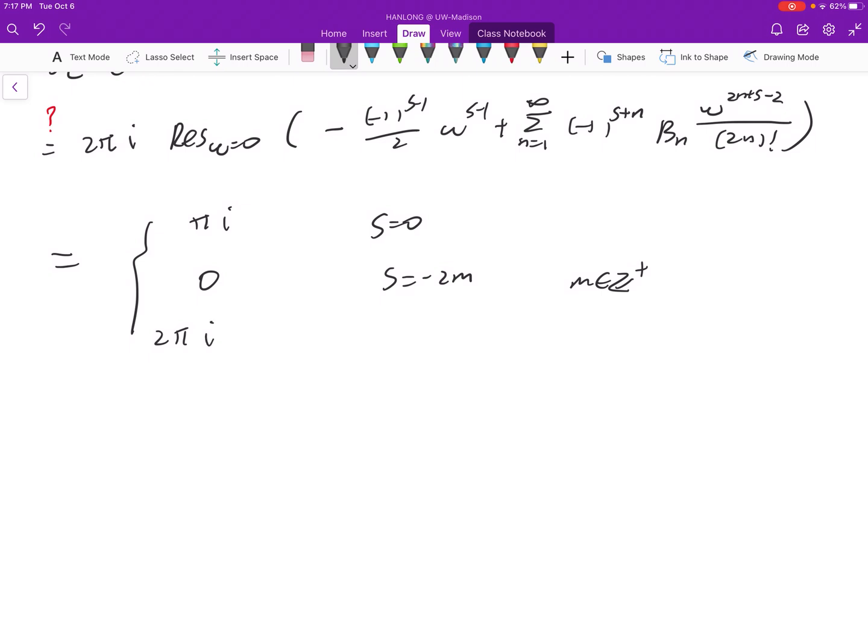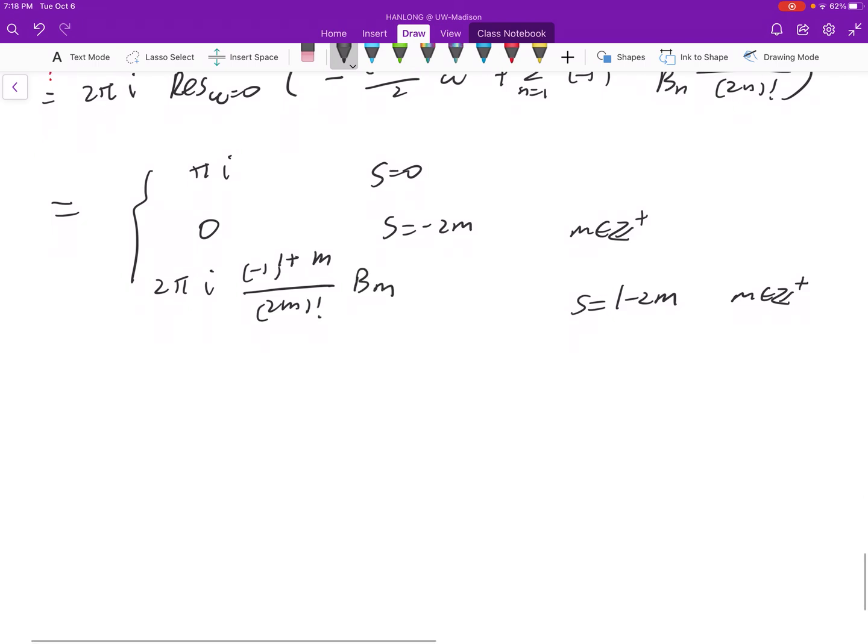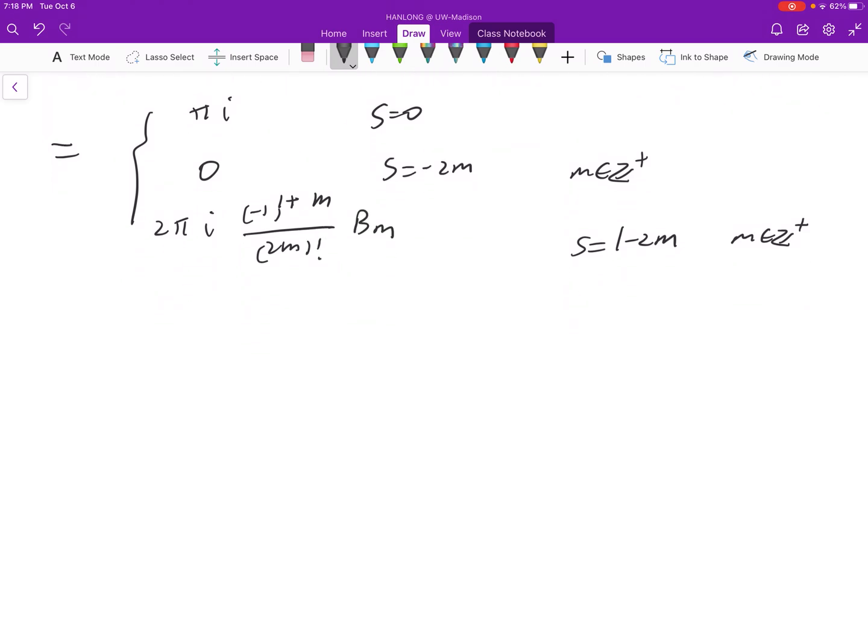If s is negative odd numbers, it is 2 pi i times negative 1 to the m divided by 2m factorial times B_m. And also notice that since s is a non-positive integer, gamma 1 minus s is just negative s factorial.